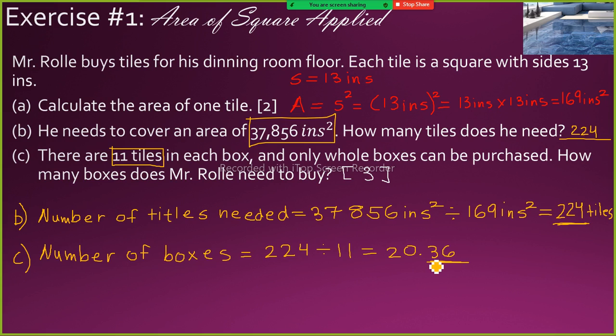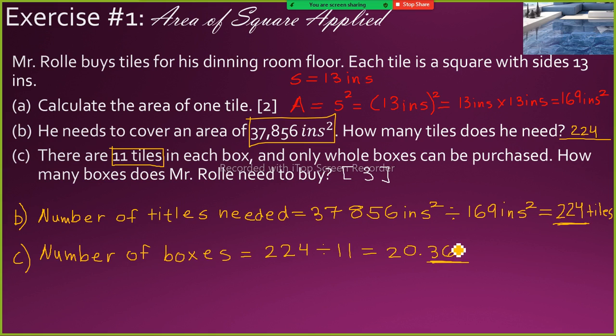Okay, let me help you with that. He needs to get 21 boxes, because if he gets 20 boxes, it'll be too little. All right, so be careful with that. Remember, you divide it by 11, yes, but that's 20.36.